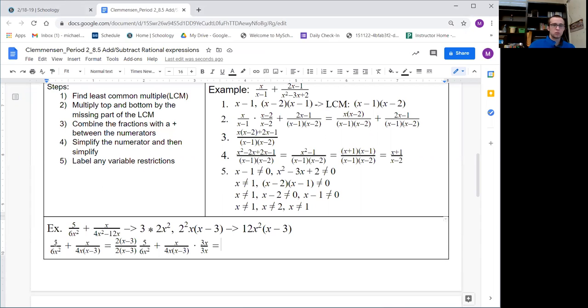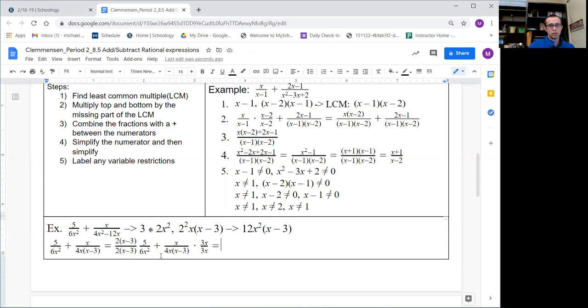And I have to multiply top and bottom of the first one by whatever it needs to have to match this. So if I want my 6x squared to match this, I need to multiply by 2 and an x minus 3. So 6 times 2 gives me that 12. I already have the x squared, so I'm good on that. But I'm still missing the x minus 3.